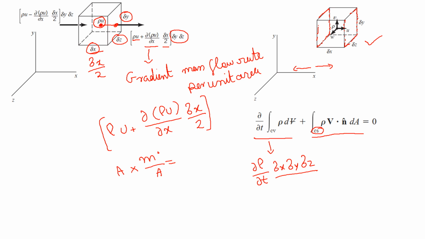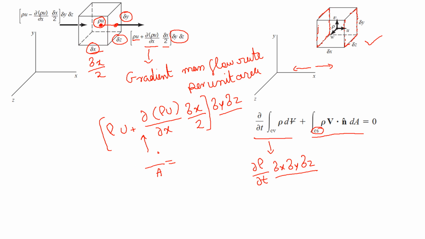So by multiplying this mass flow rate per unit area with the area, that is delta y and delta z, we will get this term in terms of mass flow rate. So this is the change in the mass flow rate, or as you can say, the mass flow rate on the right face of this cube.